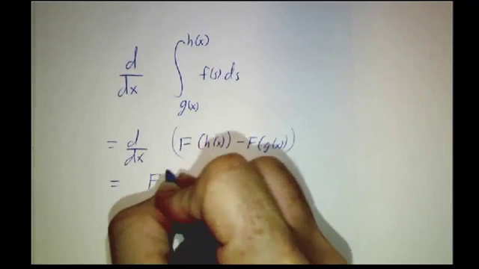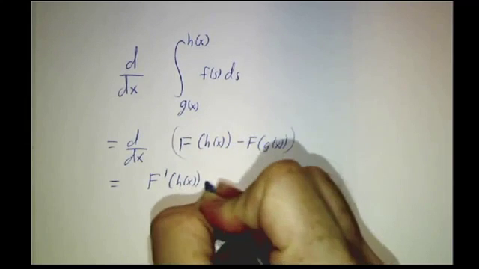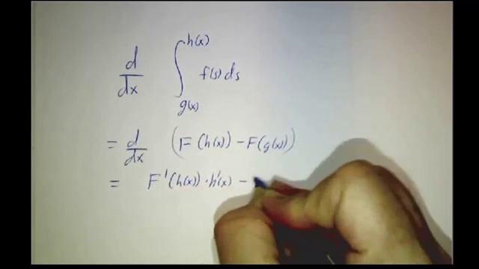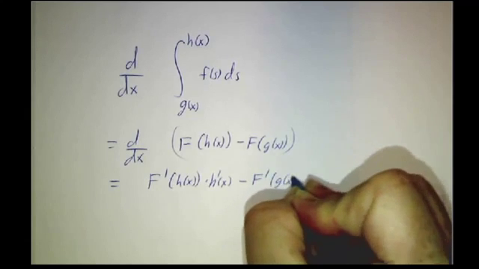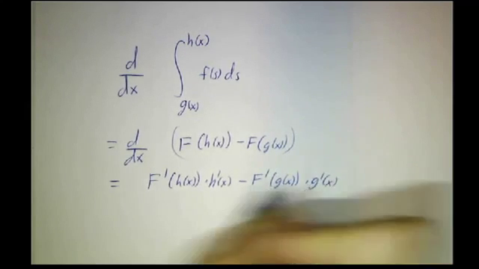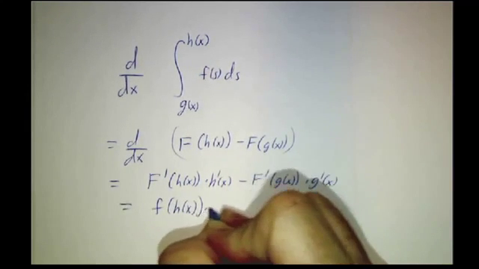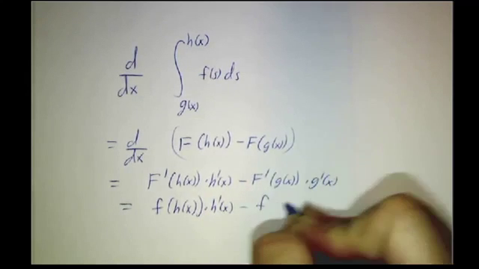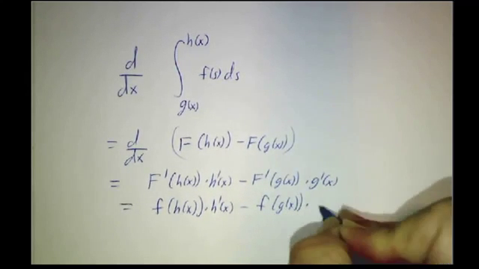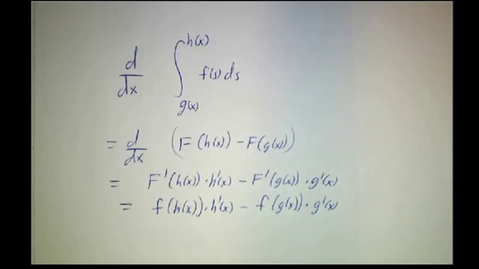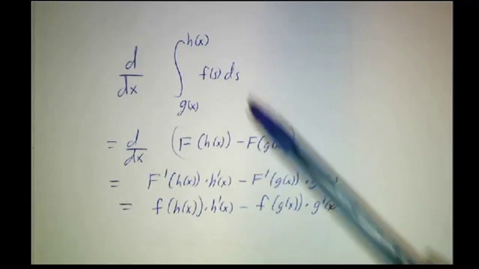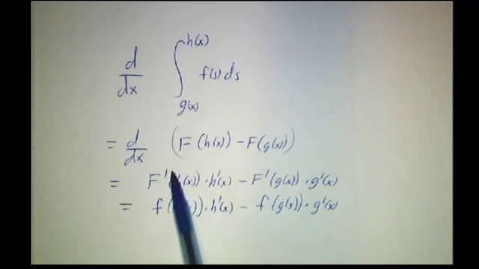So this is always going to give you f of h of x times h prime of x minus little f of g of x times g prime of x. So you often run into these kinds of problems, and by combining the chain rule with the second fundamental theorem of calculus, we get the answer.